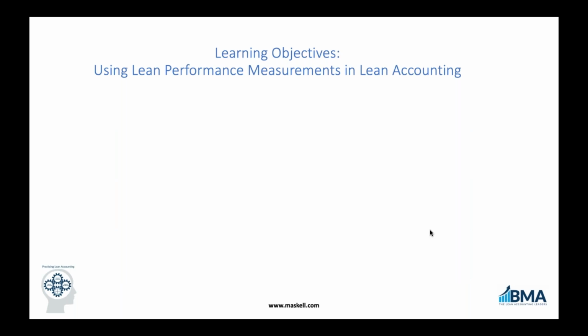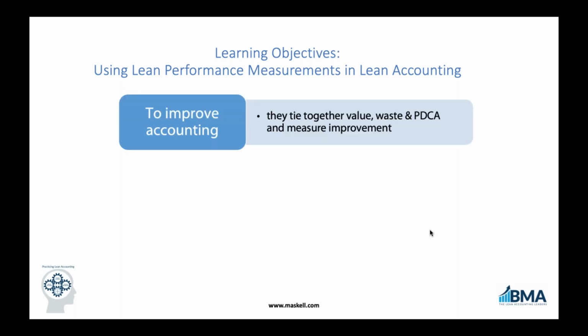So, what do we want you to get out of this webinar today? In terms of using lean performance measurements, they are applicable in all accounting processes. The proper combination of these relevant measures ties together understanding customer value and being able to identify waste.